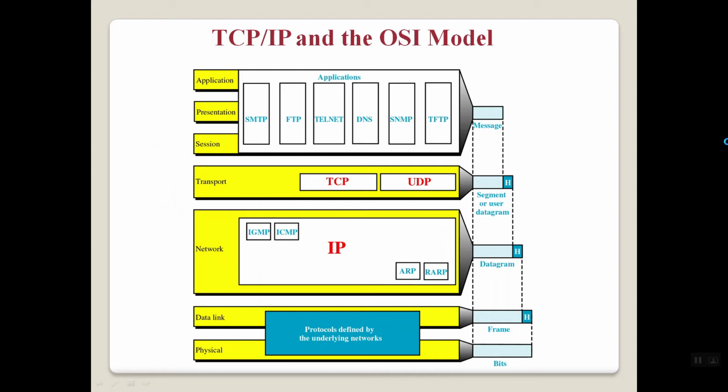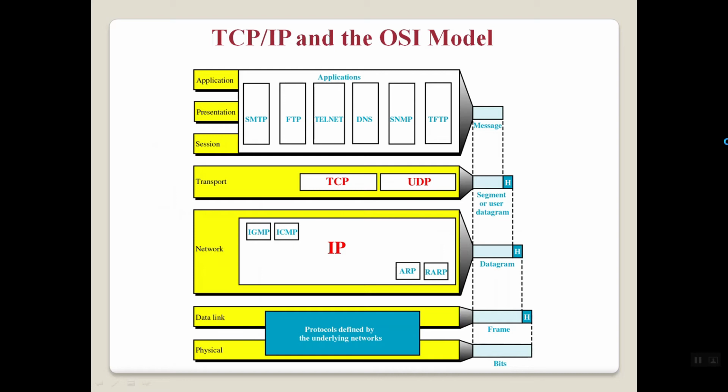In the right section you can see the functionality of the layers. The application, presentation and session layers work on the message. From the transport layer to the network layer, you can see the segment or user datagram, meaning the data is segmented into different datagram formats. What the user datagram and network datagram are, we will discuss later.